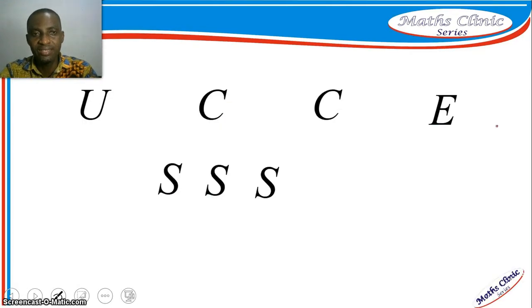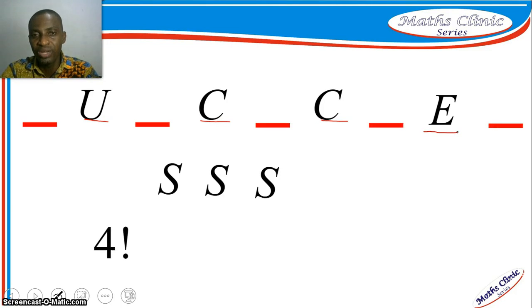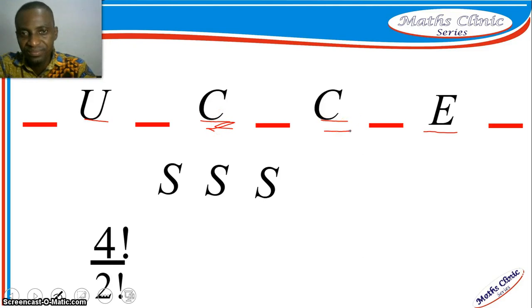Take away all the X and you have UCCE. So the question is, in how many ways can you arrange UCCE? These are four letters, so we could say 4 factorial, but then the Cs are repeating, so we divide by 2 factorial.